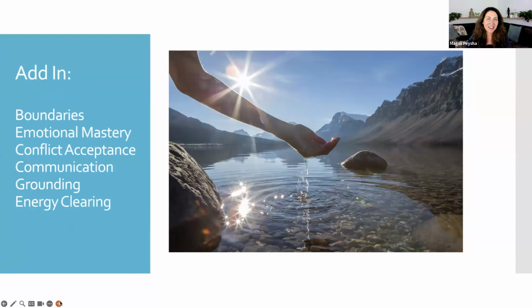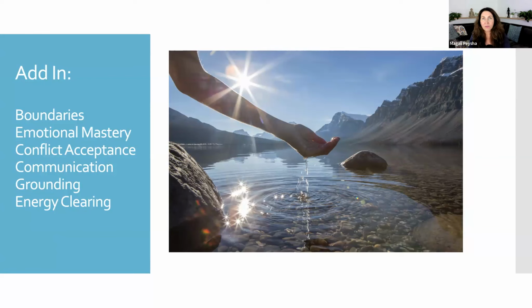Okay, let's check in. What do we want to add in to help water? So we want to add healthy boundaries. We want to add emotional mastery or wellness techniques. So learning to process emotions, to listen to the body, to listen to the feelings. We want to learn communication skills that help us to be able to speak our truth and not only be a people pleaser, because that can happen for water element personalities.